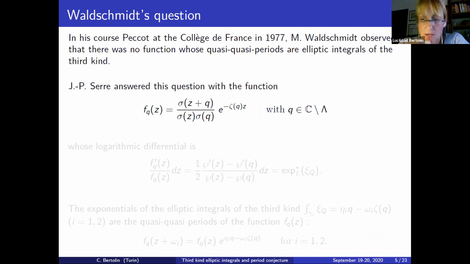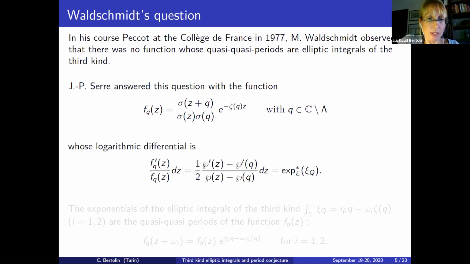So with this function of Serre, you can define such a function for any point of the elliptic curve which is not a torsion point. This function has a very nice property: the logarithmic differential of this function, that is f prime q z over f q z dz, is exactly the pullback of CQ by the exponential map.